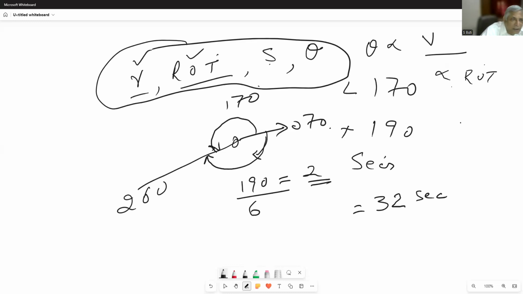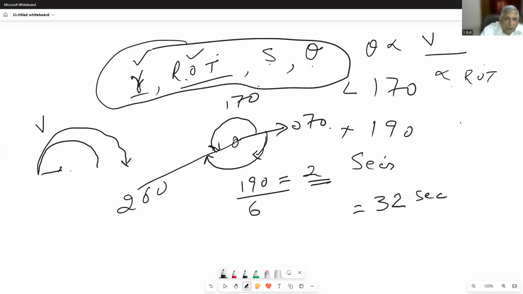Similarly, if this is your bank angle, this is called the radius. If your speed increases, radius will also increase, then rate of turn will decrease. So speed, radius of turn, rate of turn, and the bank angle are interrelated, and there may be some questions on that.